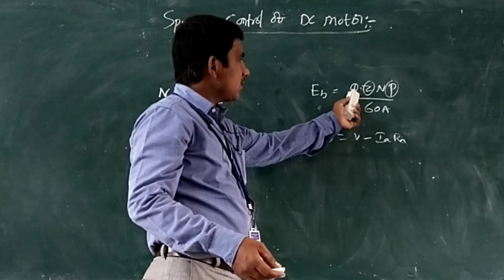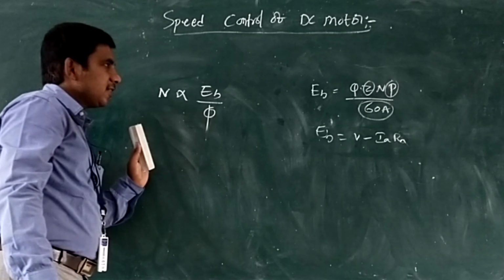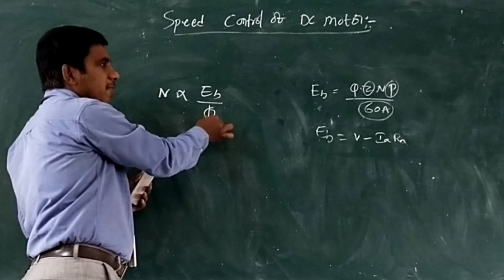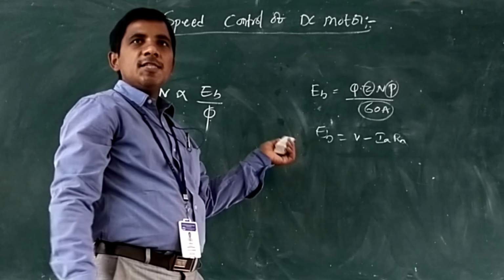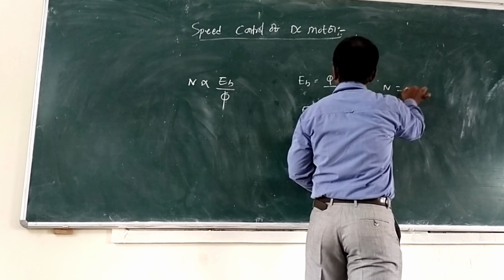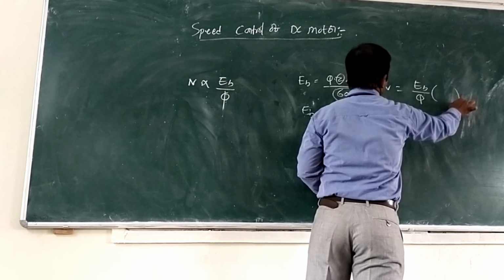Hence, it also varies. But 60A is constant in case of DC motor. From this equation, N is proportional to Eb by Φ, or N equal to Eb by Φ into some constant.